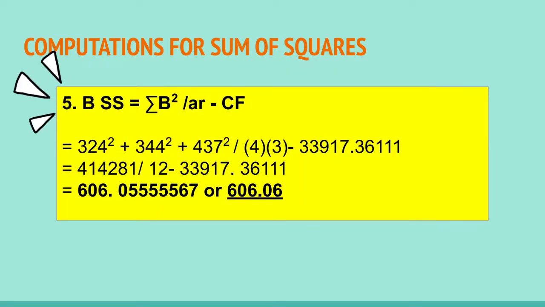So in number 5, the formula is BSS is equal to the summation of B squared divided by AR minus CF.